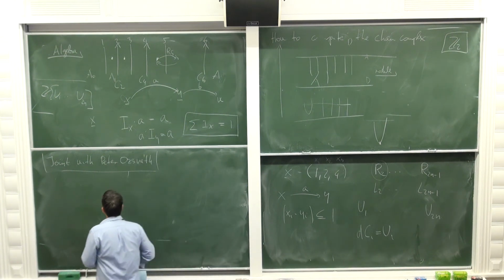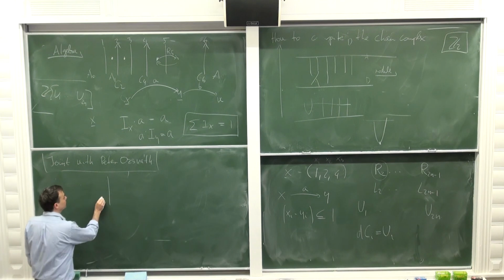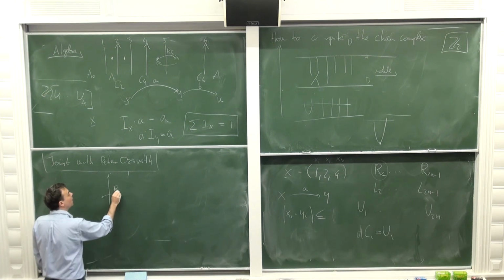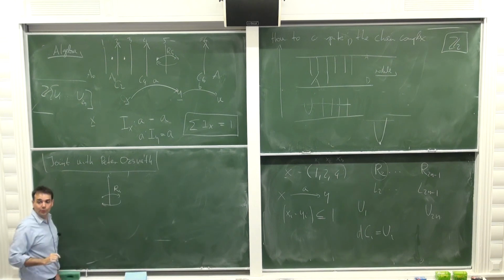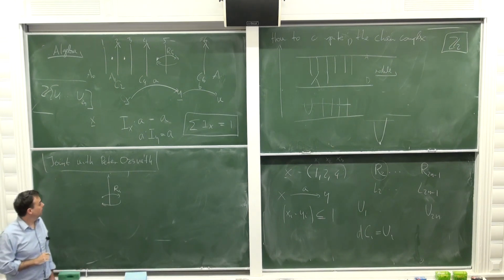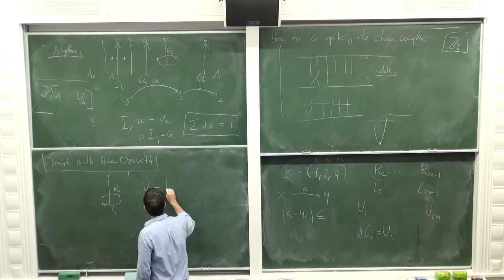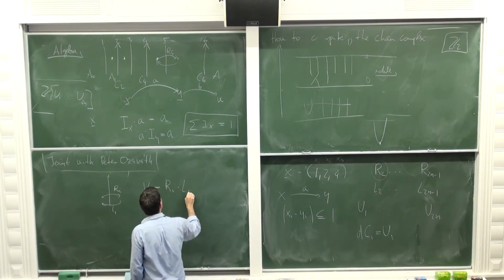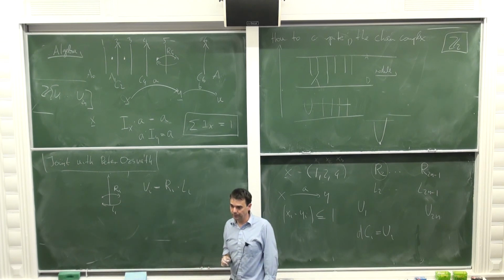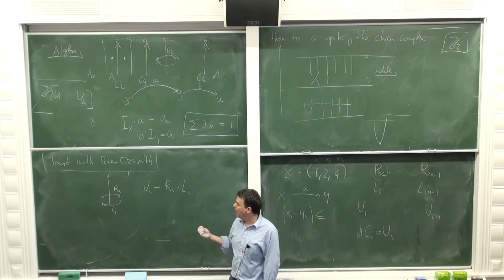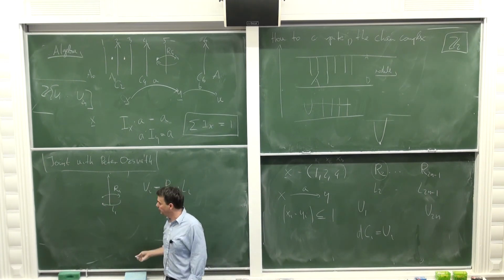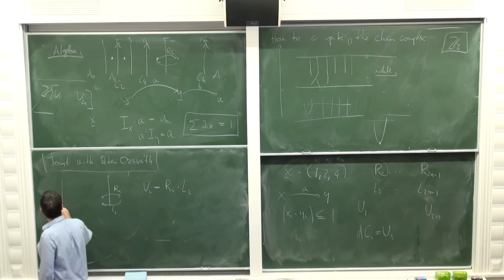Typically, in a typical coordinate, I could use Ri and then go backwards. In that case, Ui is equal to Ri times Li, in that idempotent, if x really has one of these coordinates. So we have a few possibilities.